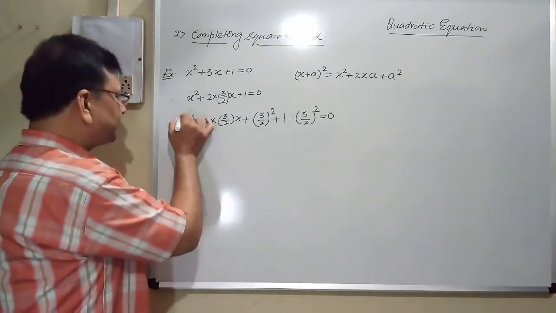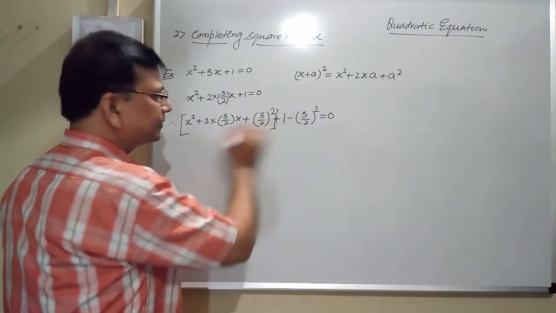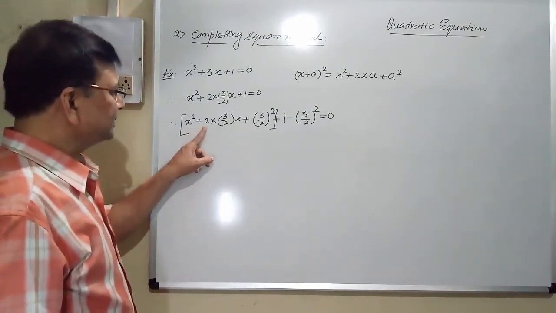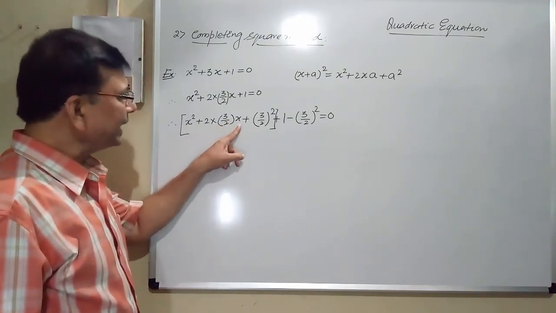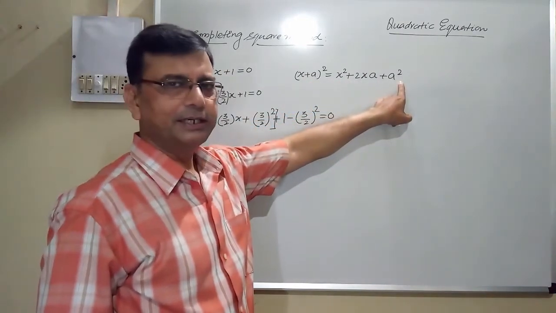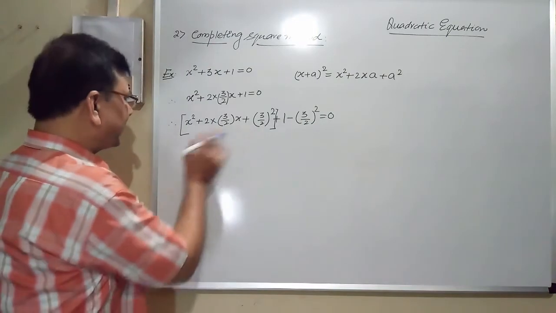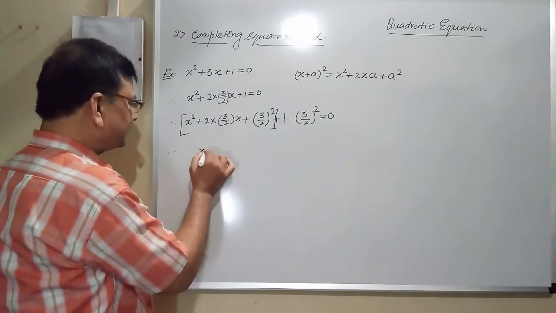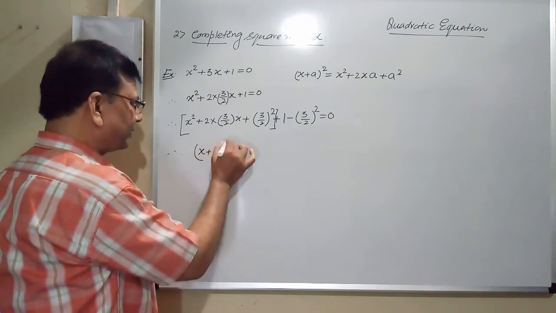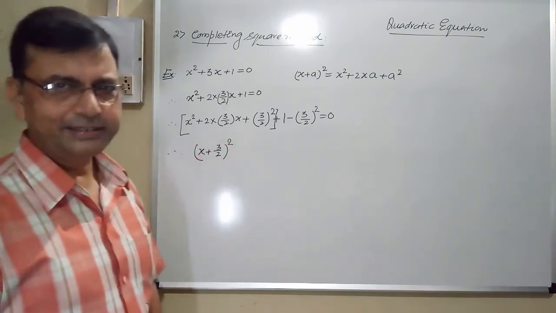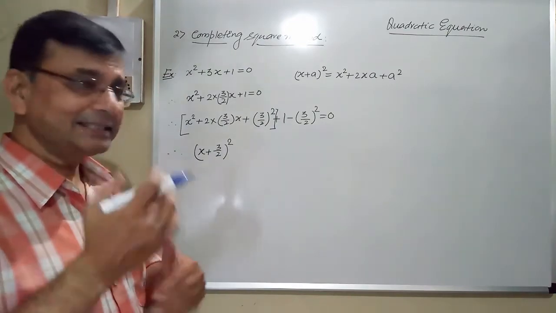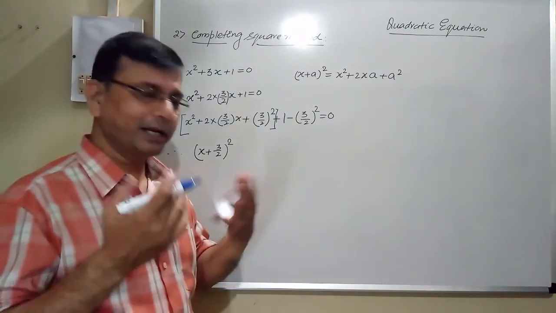Now you see this part. This part only. See, x square plus 2ax plus a square of this form we got, isn't it? So this part can be written as x plus 3 by 2 whole square. Got it? Clear? I will take another example if it is not clear, then it will be more clear to you.